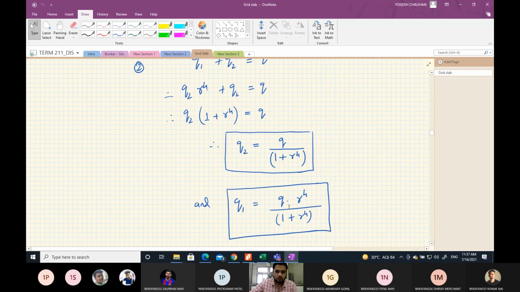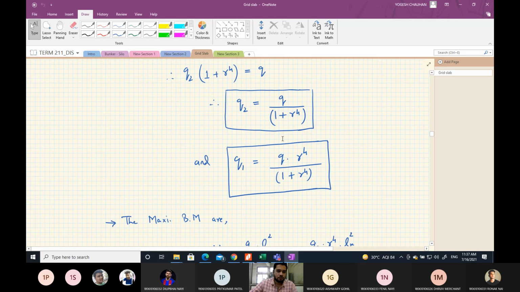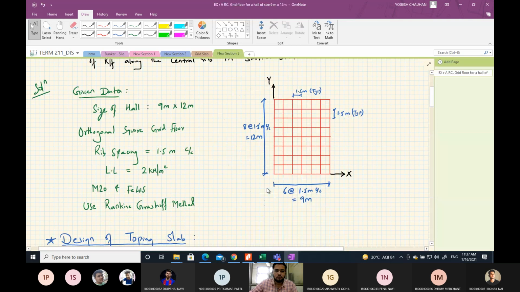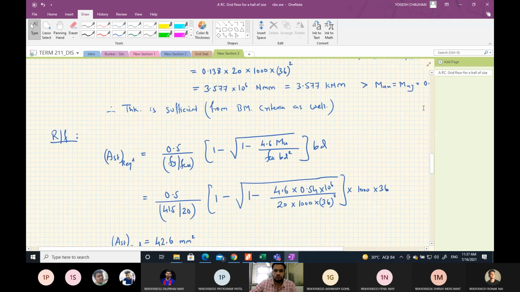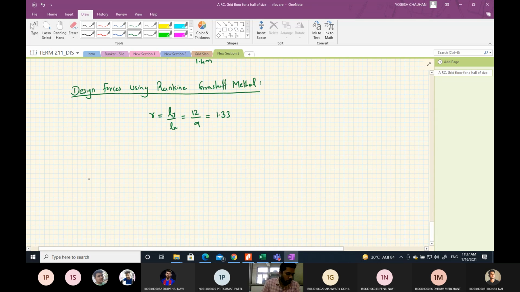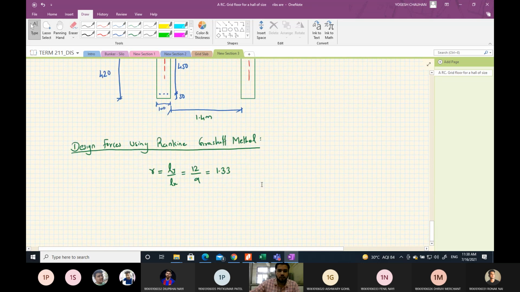So this Q1 is given by Q times r raised to 4 by 1 plus r raised to 4, and Q2 is equal to Q by 1 plus r raised to 4. Wait a minute, we have not calculated the load calculation.